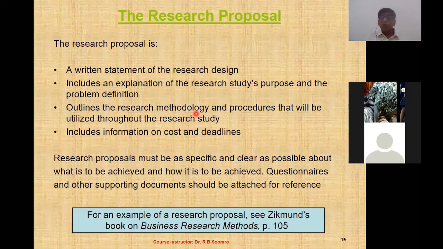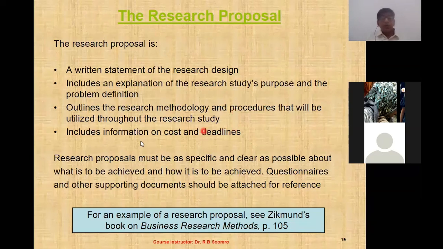So once you have defined the problem and set out your purposes, the next thing is how you can solve this problem. So you are required to design a research methodology, in order to solve this problem or accomplish the purposes of your study, and the procedure that will be utilized throughout.